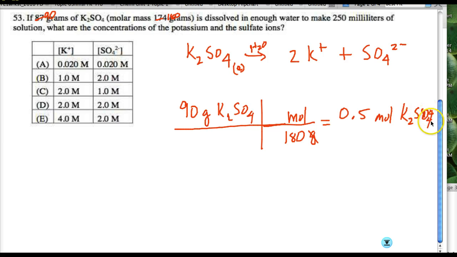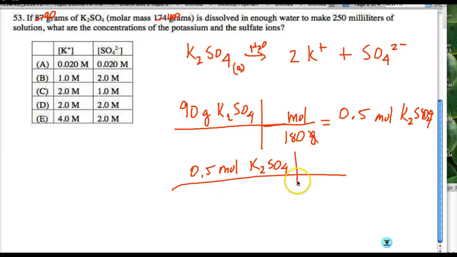For every one of these moles, 0.5 moles, for every one of these, I'm going to get, and you don't have to write this out, you can ballpark it at this point. So I've got, look, 0.5 moles. If this is 1, then what is 2?